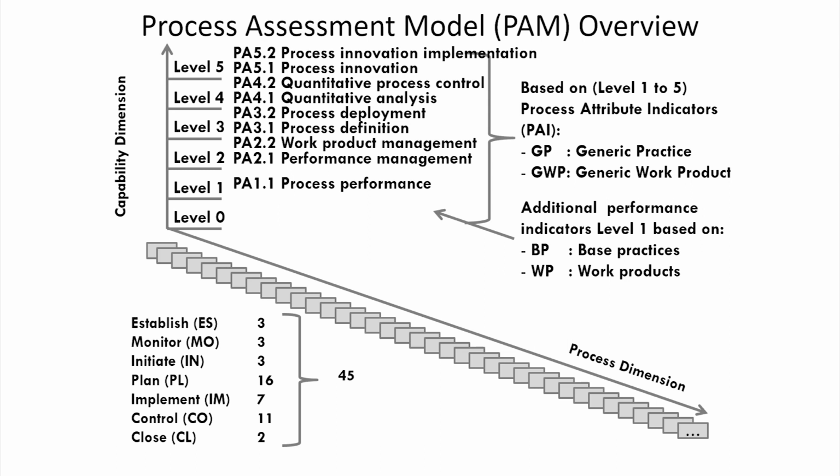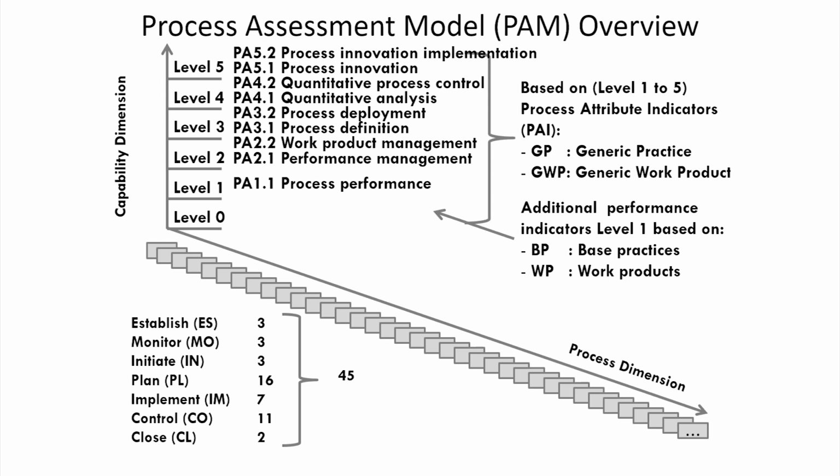And then to get to level 2 through 5, you need to look at what are called generic practices and generic work products. To give you an example of that, we'll look at one in the next slide. But again, the important takeaway is we have our process dimension, we have our process reference model, and we have our capability dimension. And we're going to then use a rating to come up with some value later on.